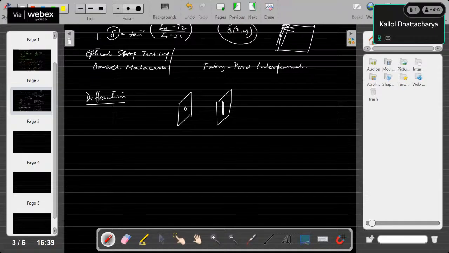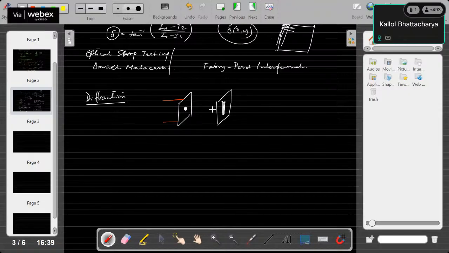If light is incident on this aperture, now everything is opaque except the center. The white means it is transparent, it is fully allowing light to pass through, and black means it is completely opaque, okay?